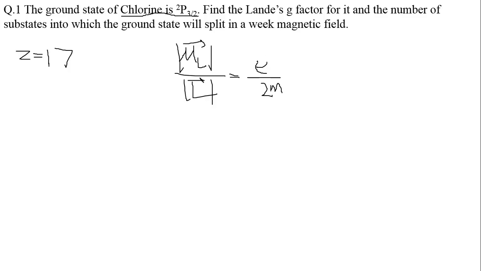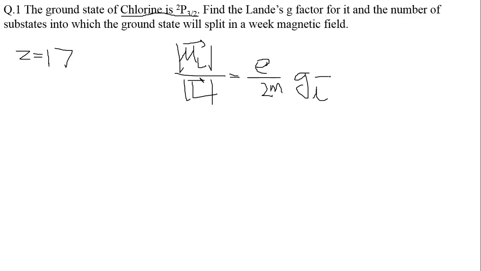Here there is another term, g_L, which is called the gyromagnetic ratio, which indicates the ratio of the orbital magnetic dipole moment produced for a unit of orbital angular momentum of the electron.